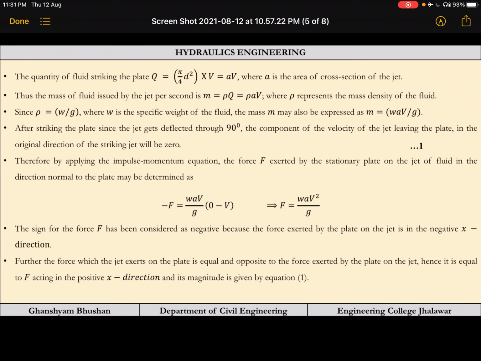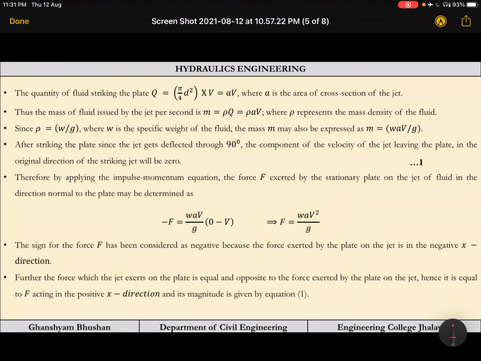Now, the quantity of fluid striking the plate is how much? Q will be area into velocity. So area will be pi by 4 d square into V, or we can say a into V. So small a is the area of cross section of the jet.